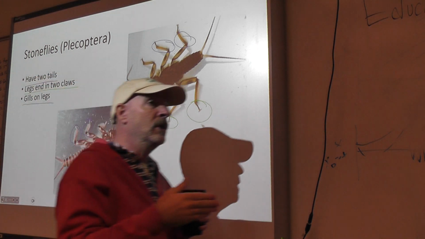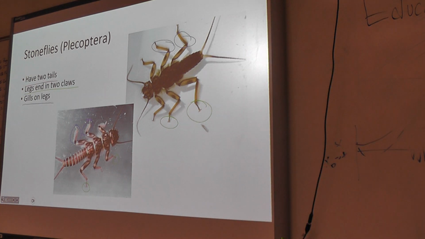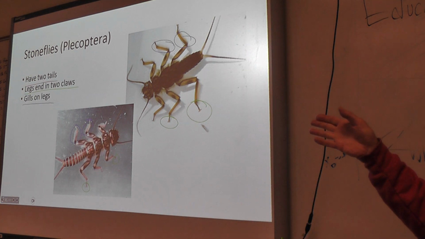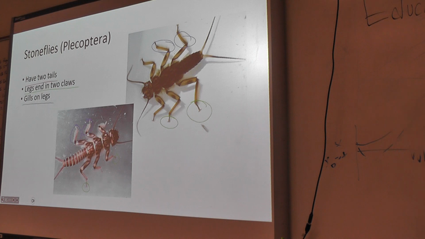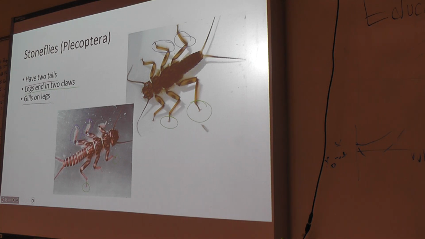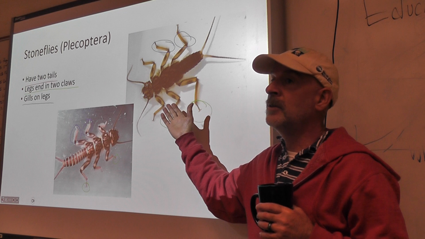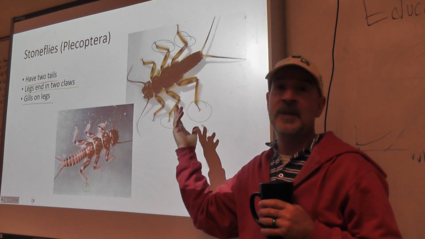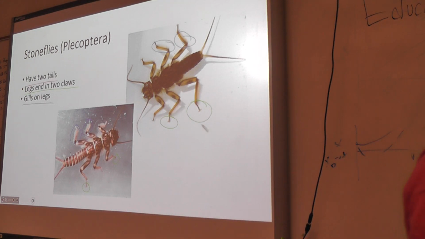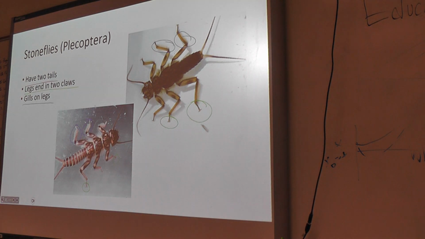What gills do is they allow the organism to release carbon dioxide into the environment and get oxygen from the environment. That doesn't have to happen in a certain place. So for stoneflies, they developed gills on their legs, and mayflies developed gills on their abdomen. It's all good. Okay.